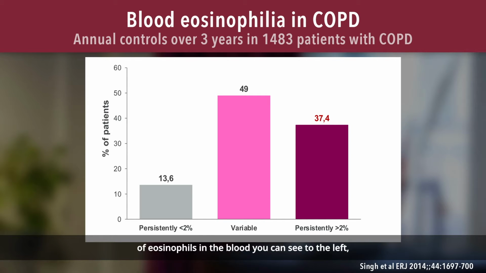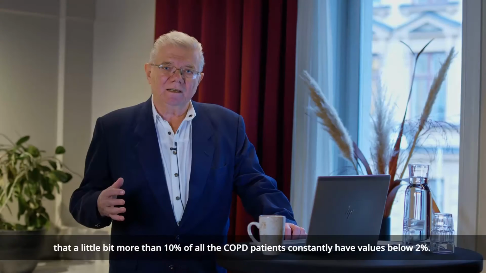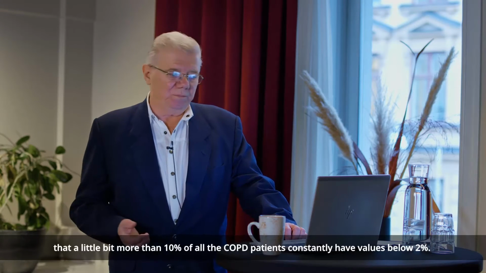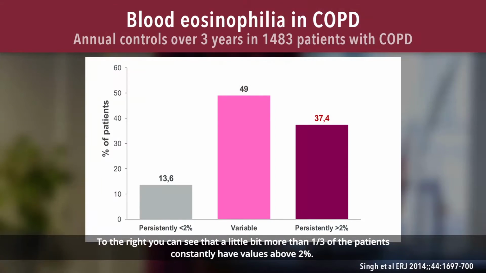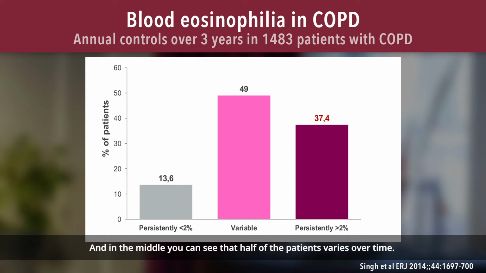You can see to the left that a little bit more than 10% of all the COPD patients constantly have values below 2%. To the right, you can see that a little bit more than 1/3 of the patients constantly have values above 2%. And in the middle, you can see that half of the patients vary over time.